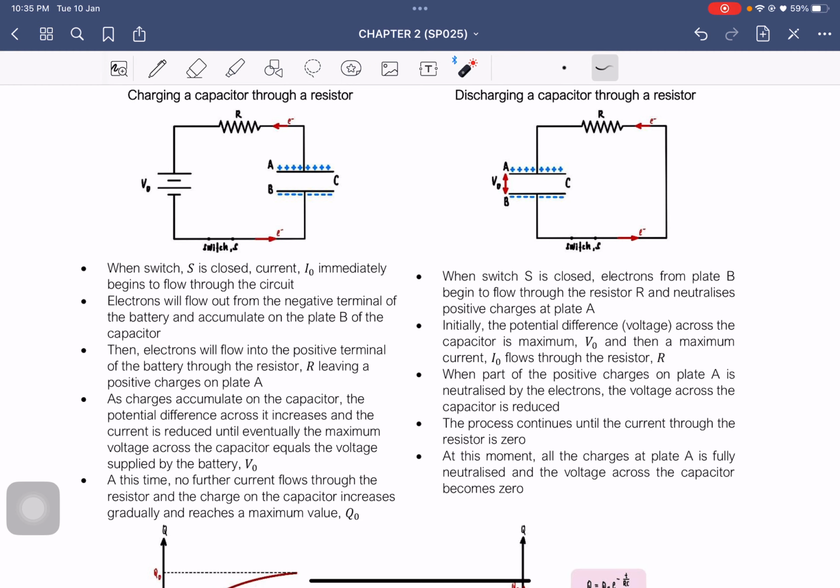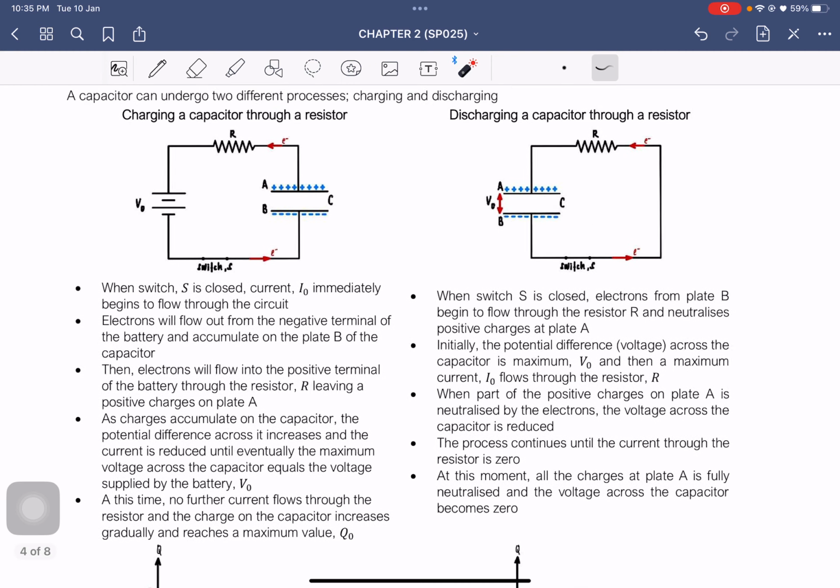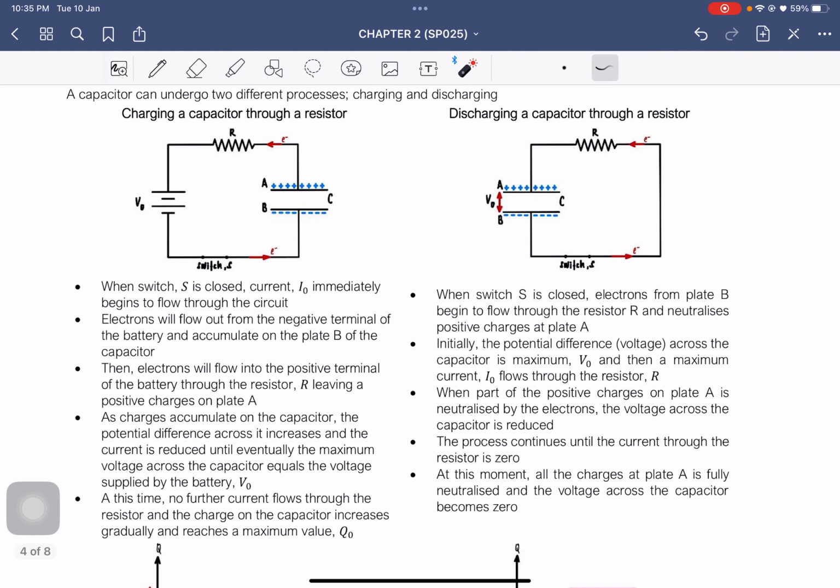Right, after that, for discharging, so when switch S is closed, electrons are still, wait, okay, still. So when the switch is closed but there's no power supply, there's no, what do we call that, battery, there's no battery now, okay?